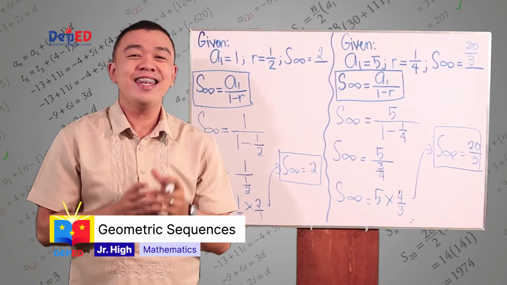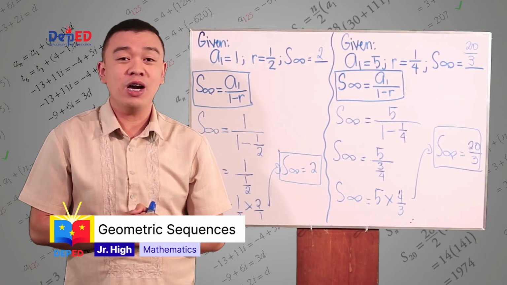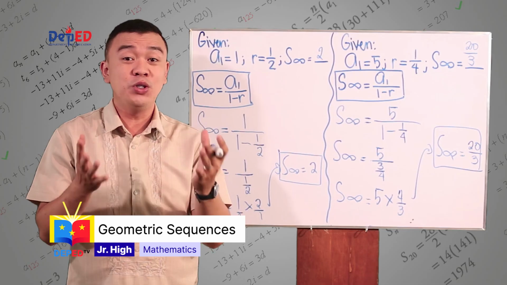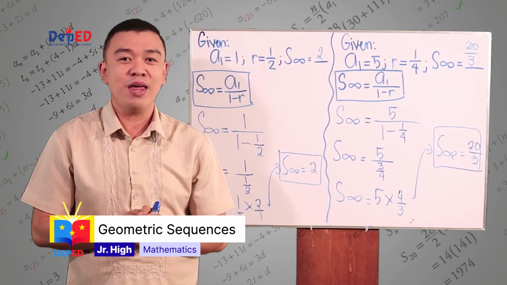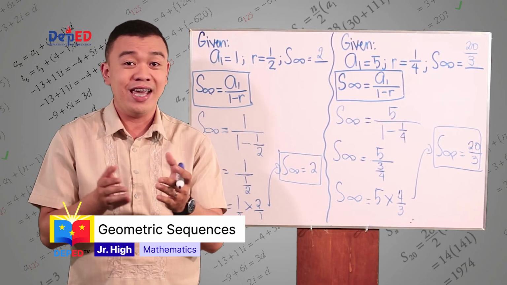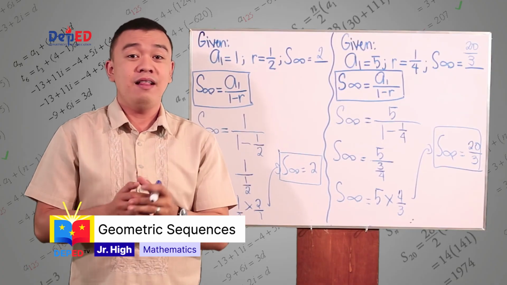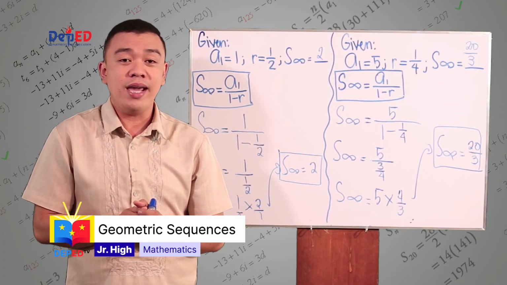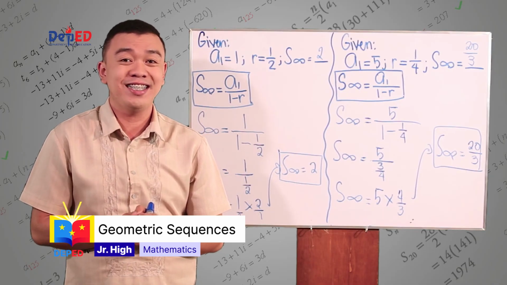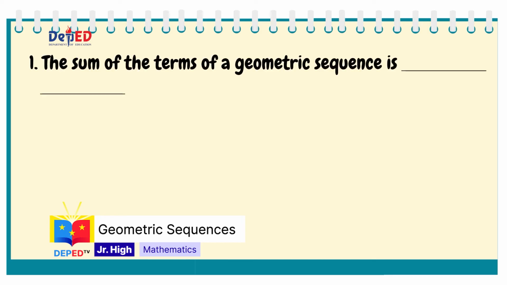Well done! And I believe that you have followed our discussions because we will be doing another round of mathematical cracking of equations and questions. For that, let's check for what you have learned by answering the following questions. Number 1. The sum of the terms of a geometric sequence is called... Correct, that's geometric series.